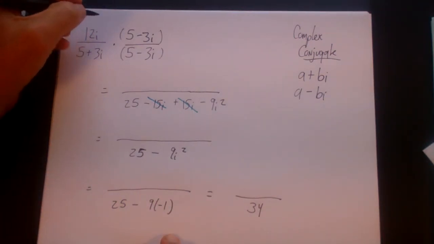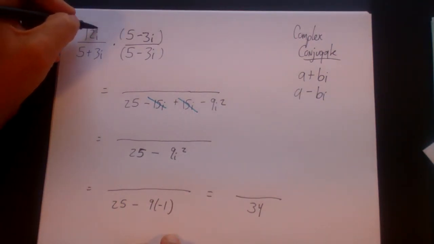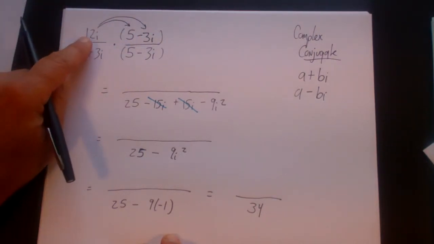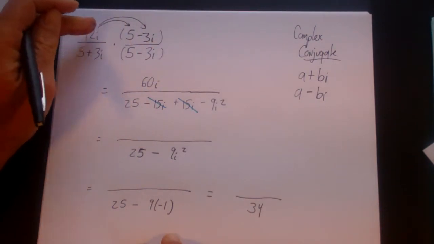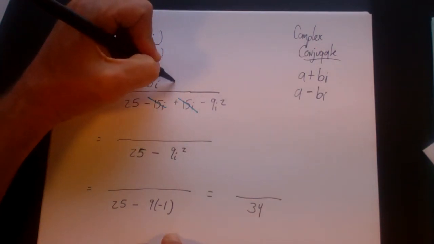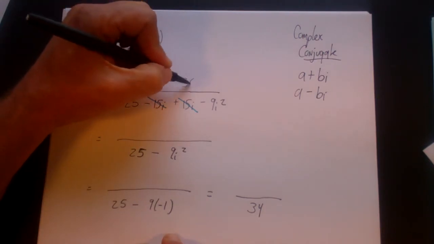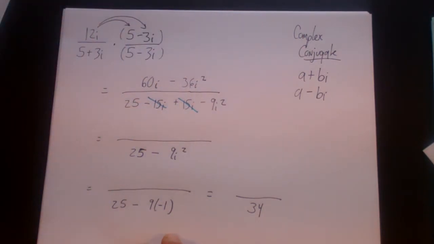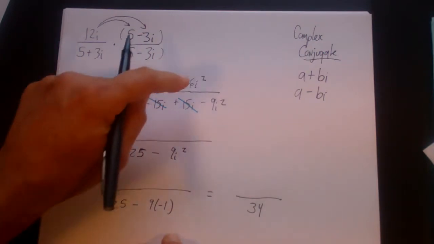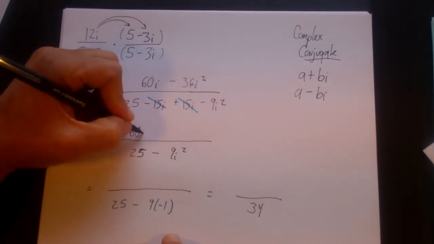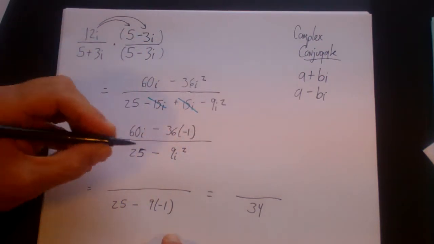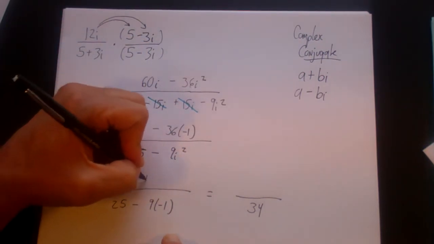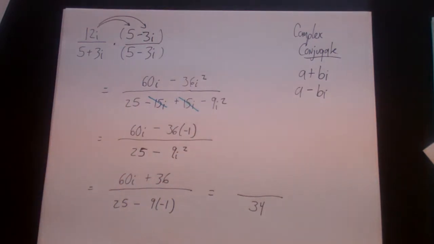I'm going to do the same thing with the numerator. The numerator is just a distributing problem. It's not a FOIL problem. So you have 12i times 5 is 60i. 12i times a negative 3i would be a negative 36i squared. i squared is minus 1, so you have 60i minus 36 times negative 1, which is 60i plus 36.